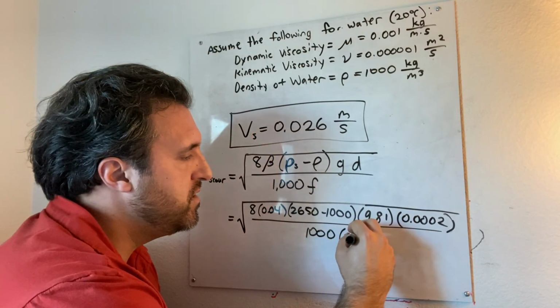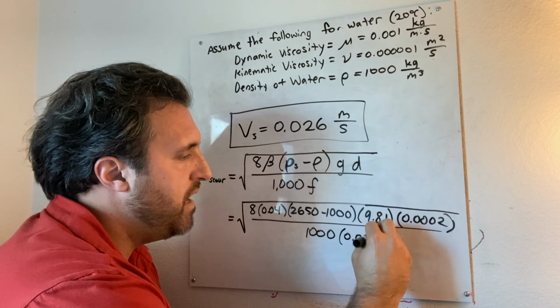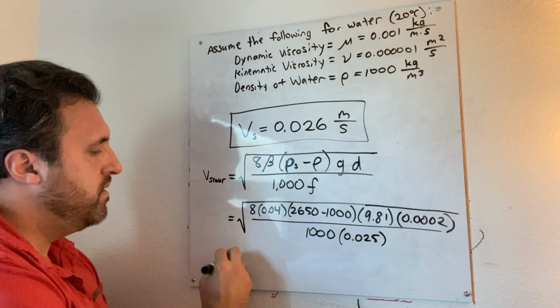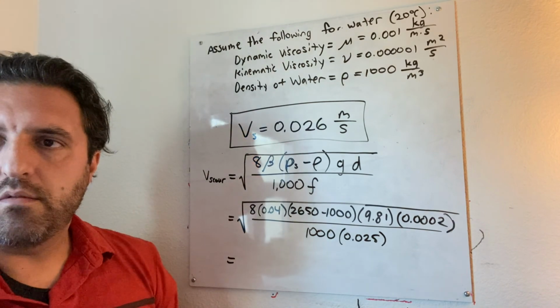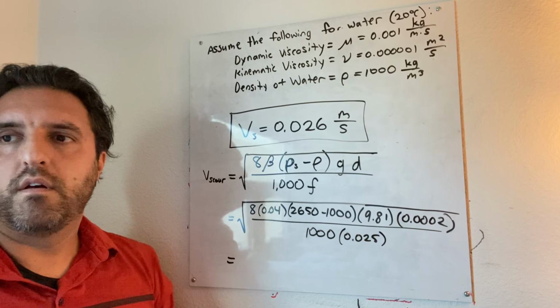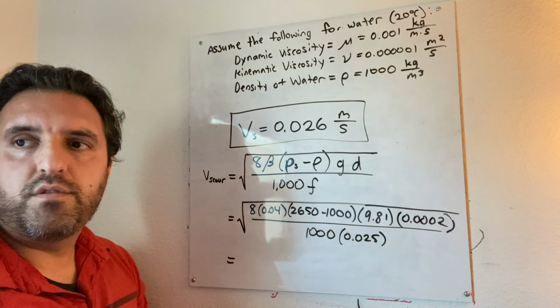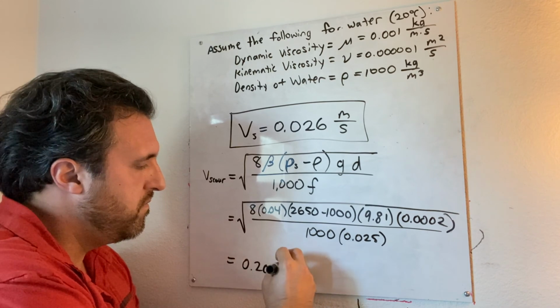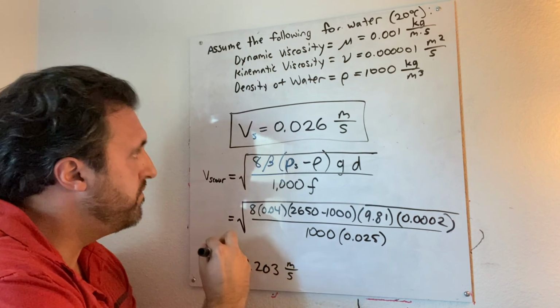For this example, we'll just take half of that range, 0.025. All right, and that will give us a value of 0.203 meters per second.